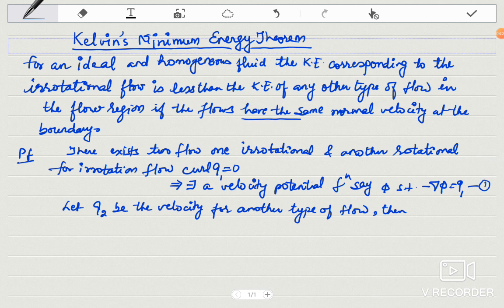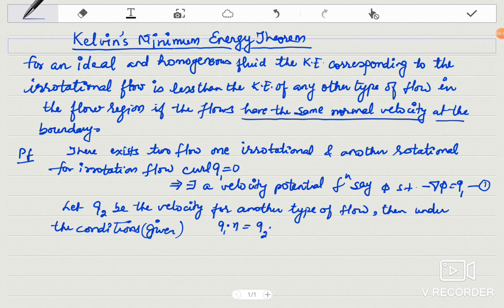That both the flows have the same normal velocity at the boundary. Then q1 dot n is equal to q2 dot n.